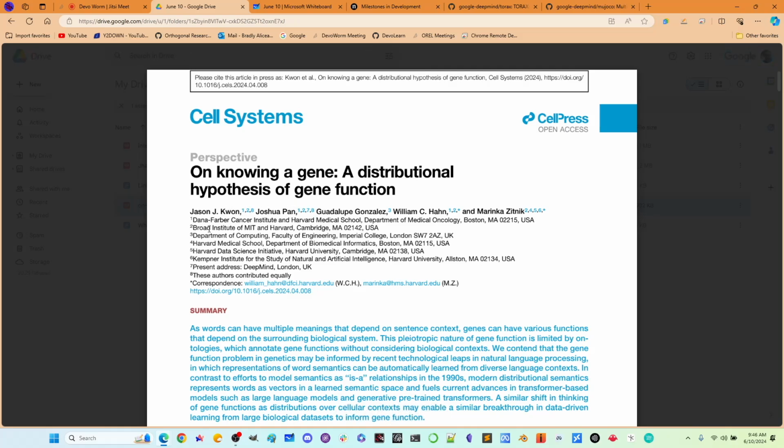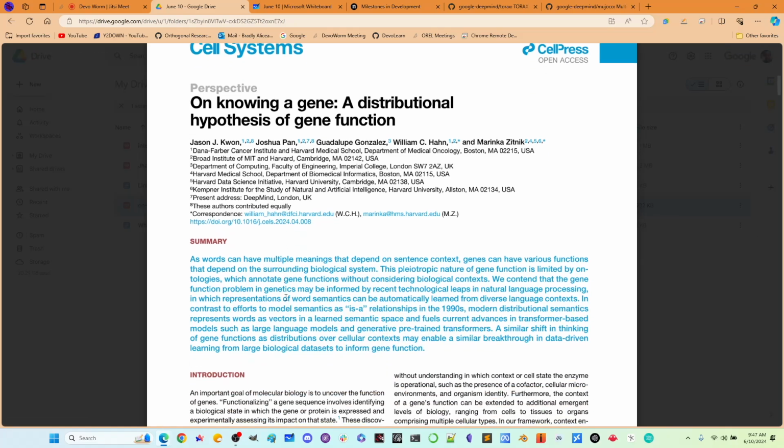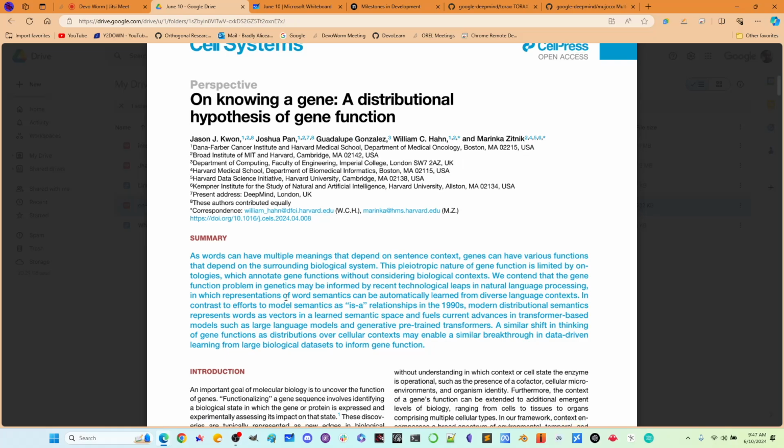These authors are from the Broad Institute at MIT and Harvard, Dana-Farber Cancer Institute, basically a Boston group. And this is a computational approach to looking at genes and gene function and cells.